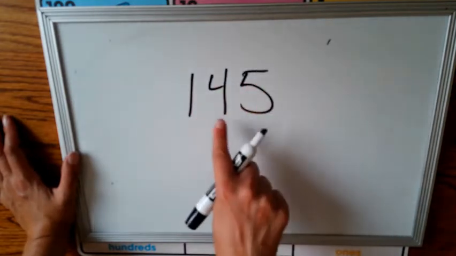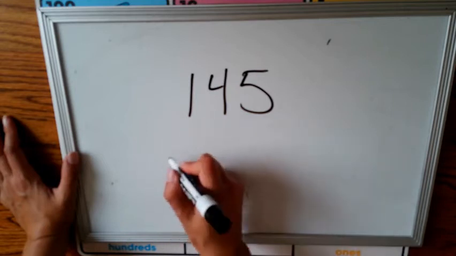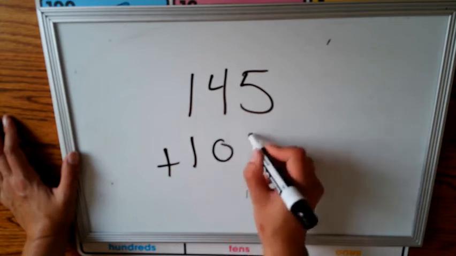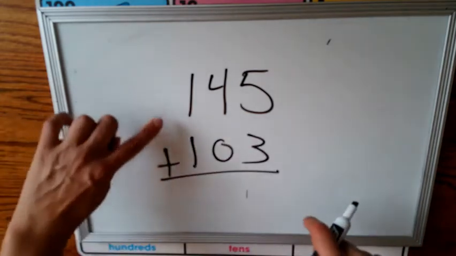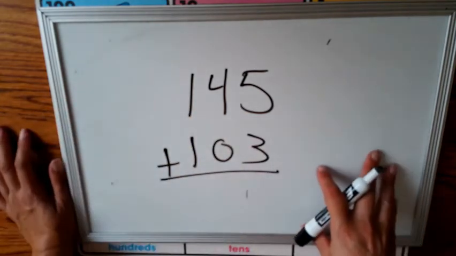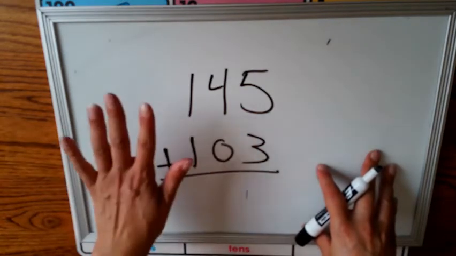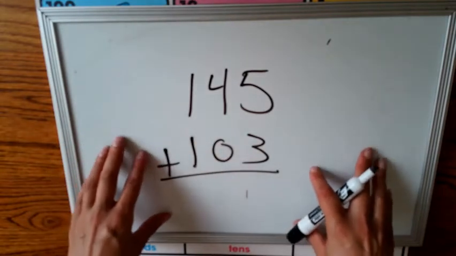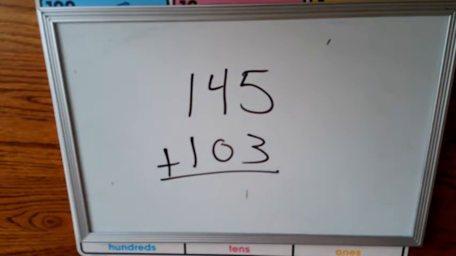It has a ones place, a tens place, and a hundreds place. But what happens when I have to add two 3-digit numbers together? That looks like a whole lot of a headache, but don't worry. We are going to figure out what to do when we see big numbers like this. So get ready, coming at you fast.